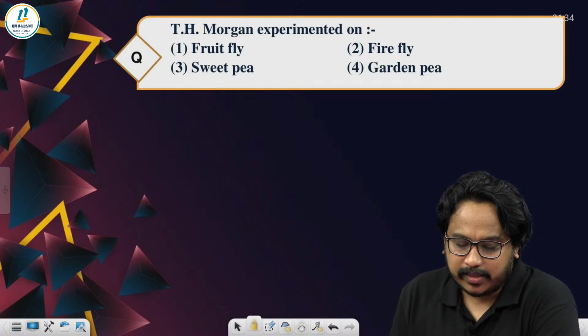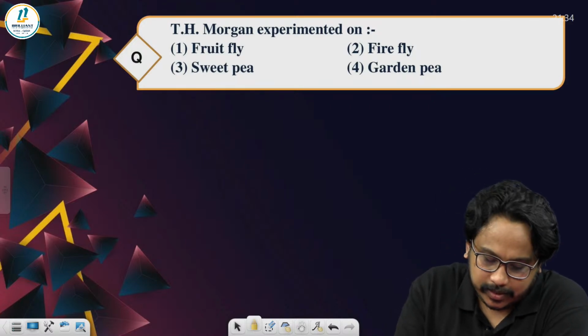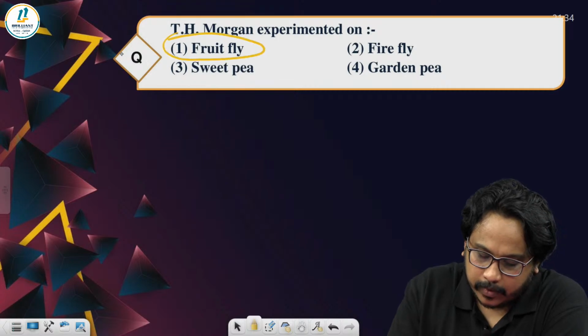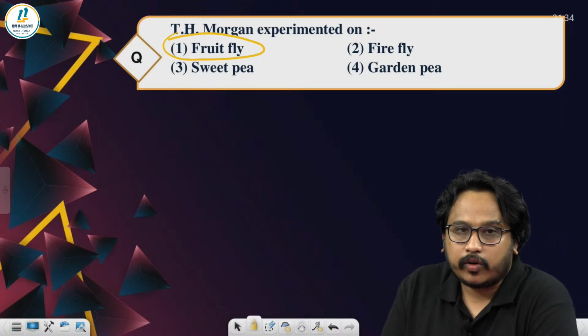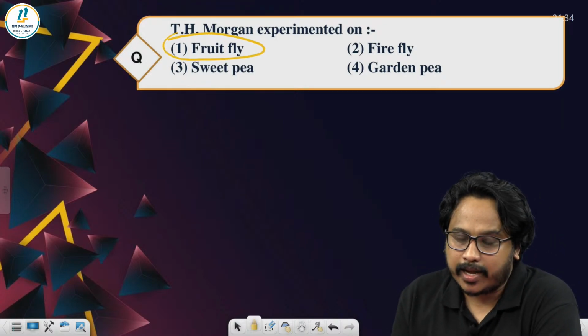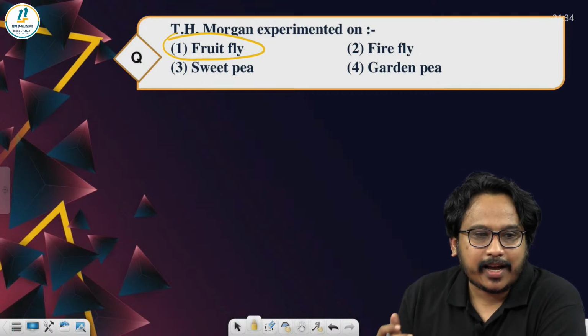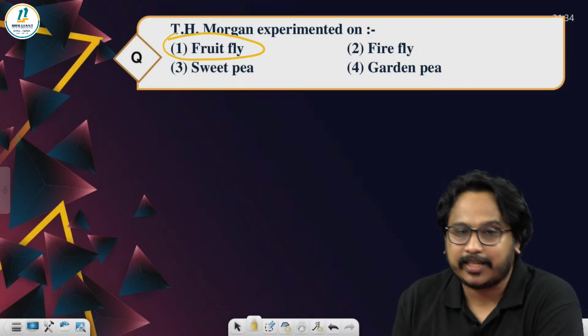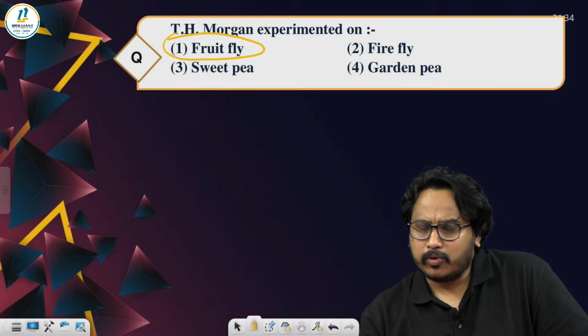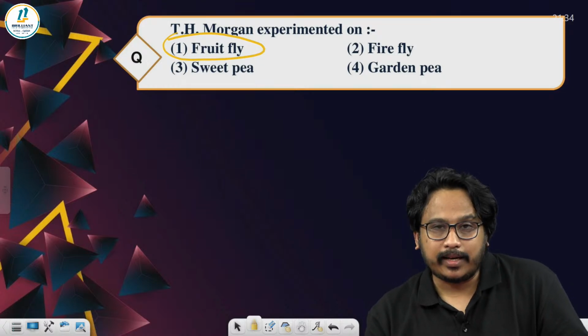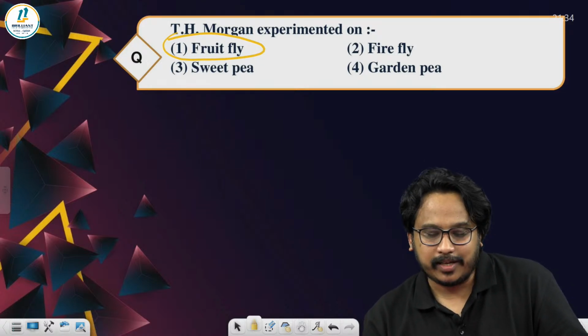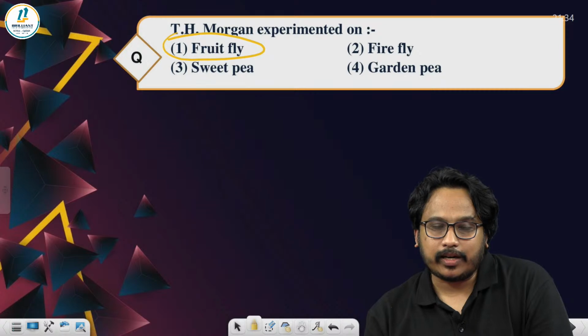Thomas Hunt Morgan experimented on... the answer is fruit fly. So Morgan's experiment was on Drosophila melanogaster, that is fruit fly. On that only the experiments were conducted by Morgan. So almost the same reason as that of why Gregor Mendel was selecting pea plants. It was also having a short life cycle.